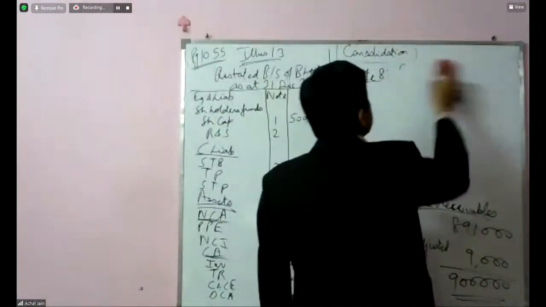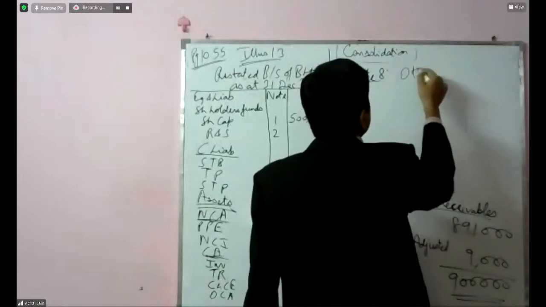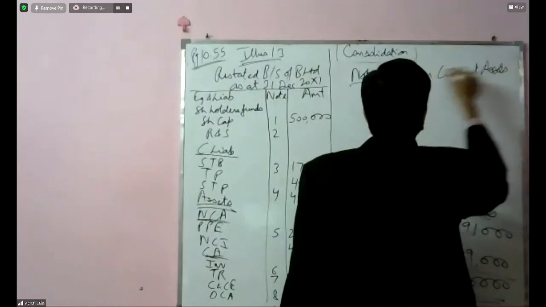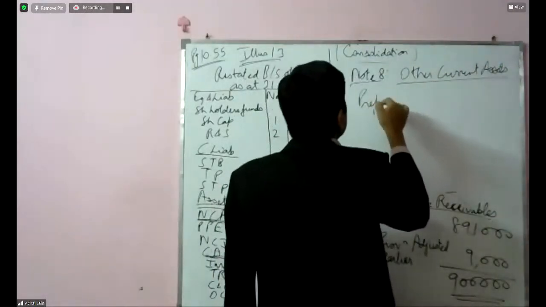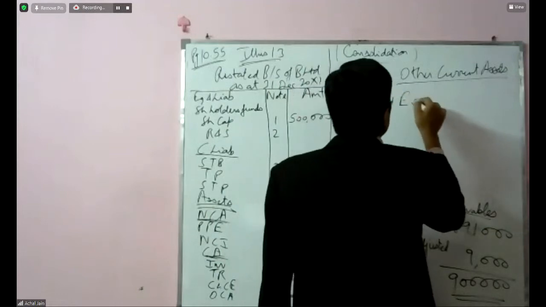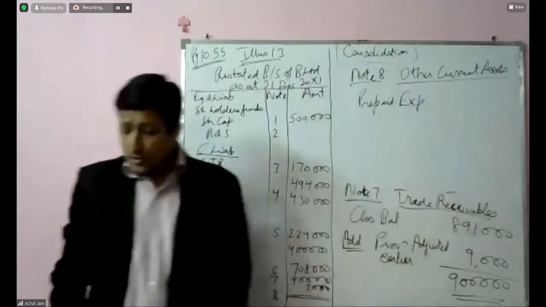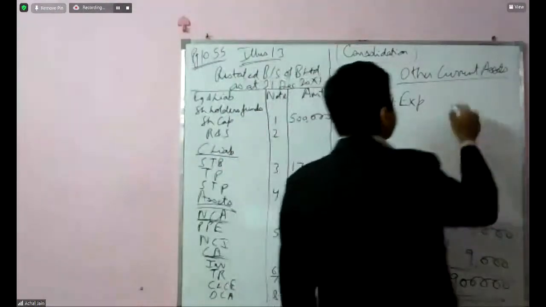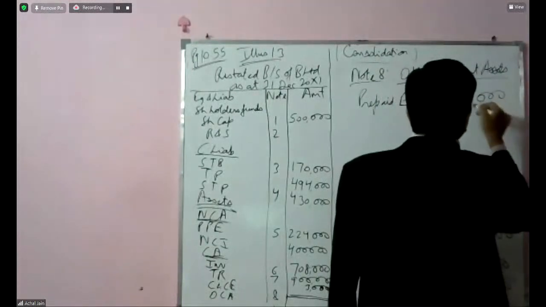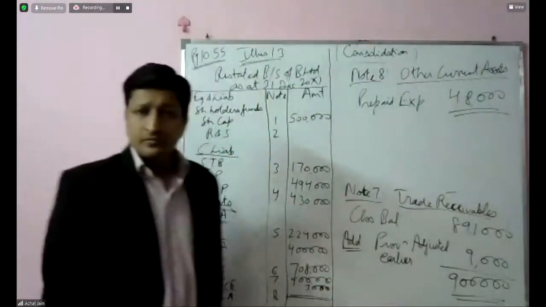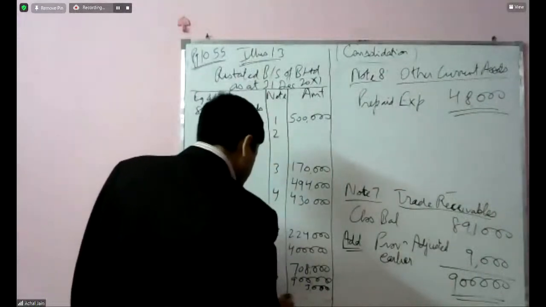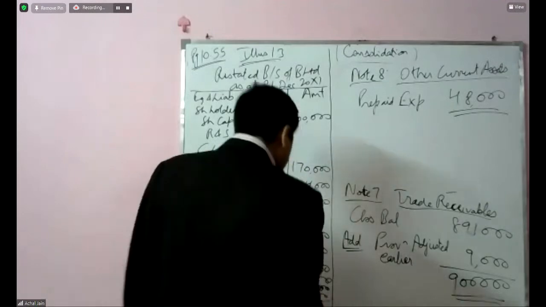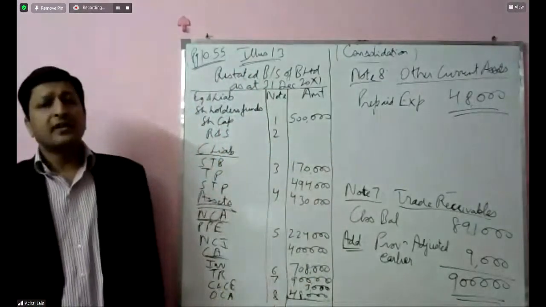So we give the head as other current assets, and this includes only prepaid expenses, 48,000, which will continue. Yeah. 48,000 will continue.